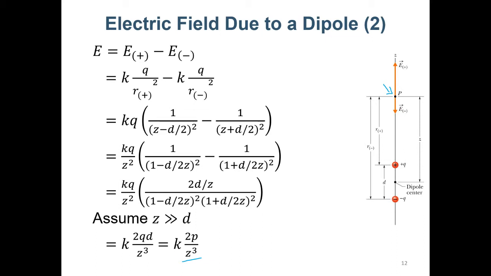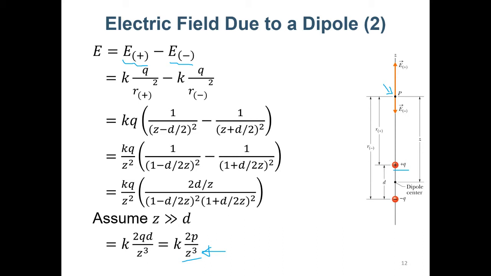This one is plus Q, so it generates a positive E, and this one generates a negative E. So we take magnitudes and subtract them. It is somehow like two similar values, and when you cancel, it remains one order lower. That's why there will be z cubed here.